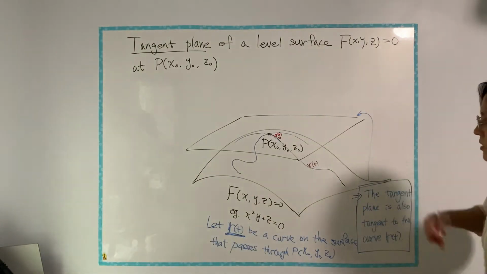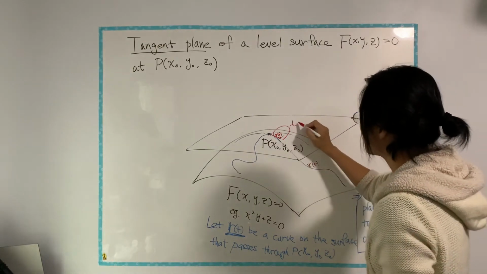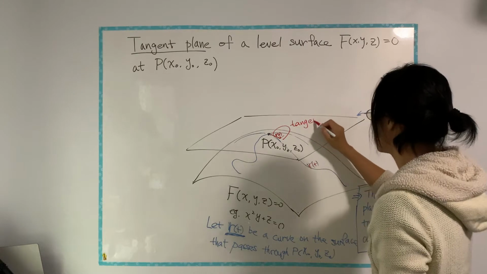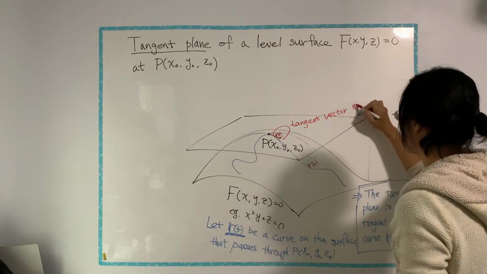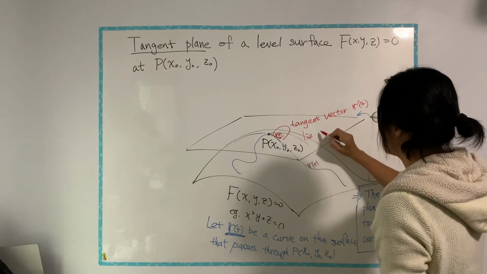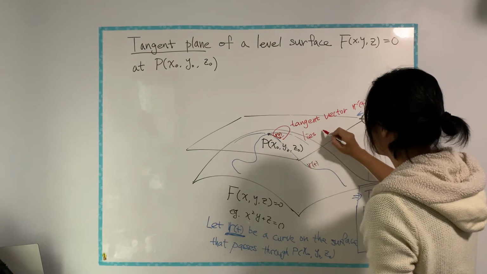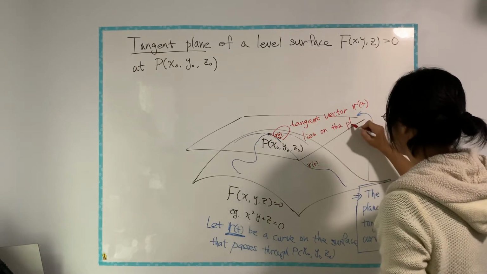Okay, so we know the tangent vector R prime of t lies on the plane as well.